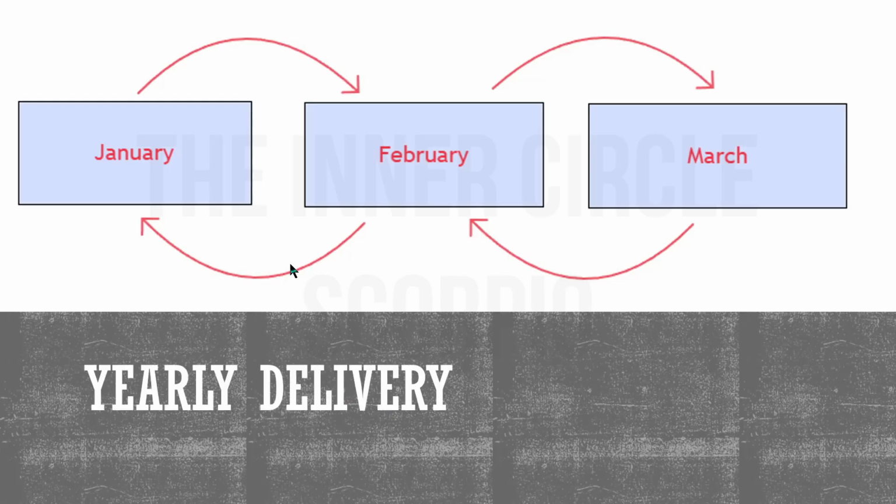Let's talk about the yearly delivery of how the price moves. We have to understand that whatever the price is doing is based on what it did in the previous year, month, week, day, session, 90-minute cycle. So when we are looking at the yearly delivery, if we are in the month of March, we have to see what happened in January and February, because price is dependent on what happened previously.